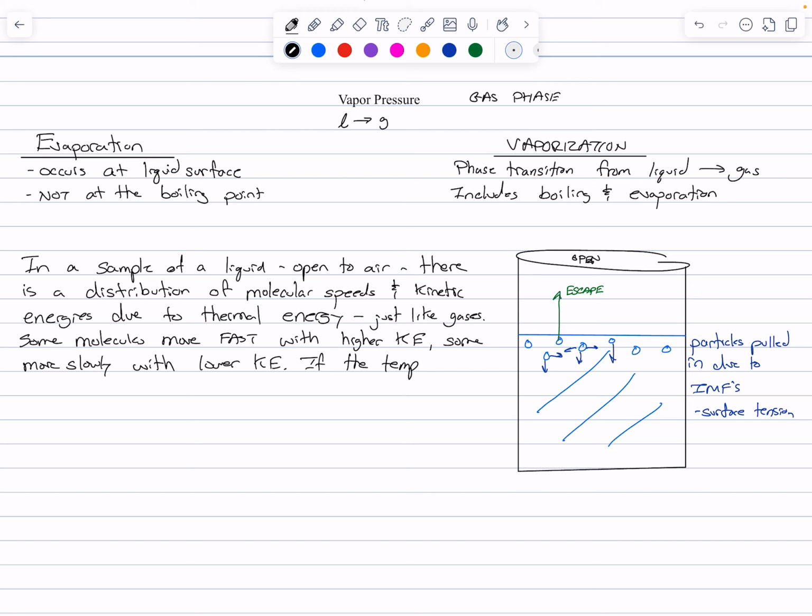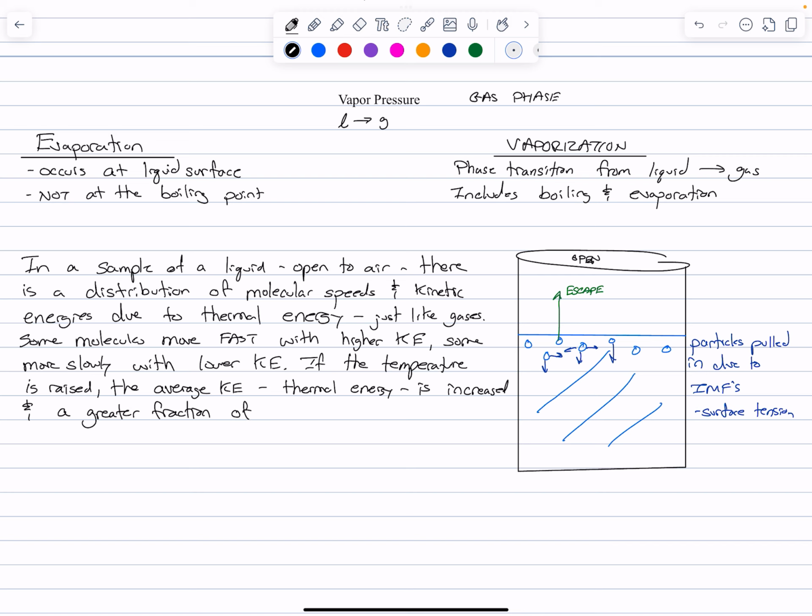the temperature is raised, the average kinetic energy, or the average thermal energy, is increased, and a greater fraction of molecules have enough energy to escape.